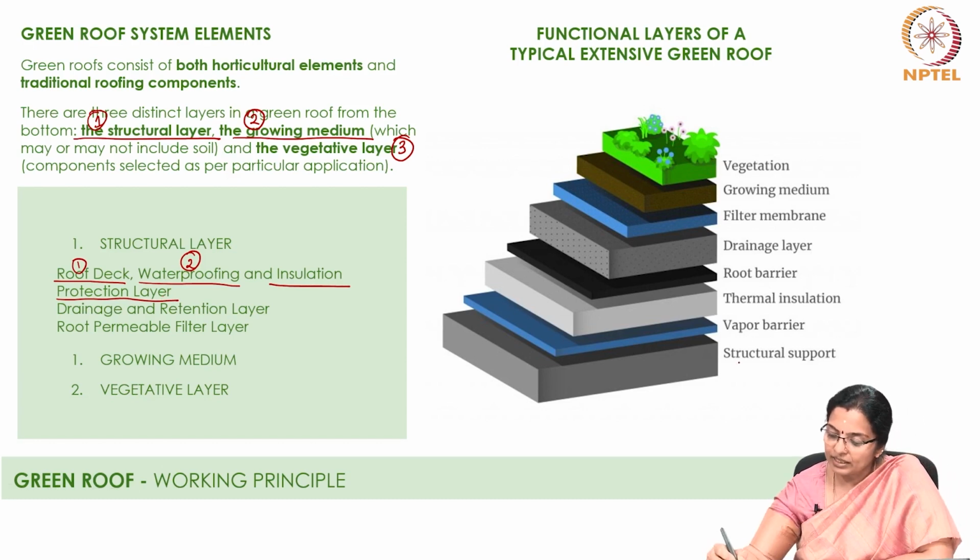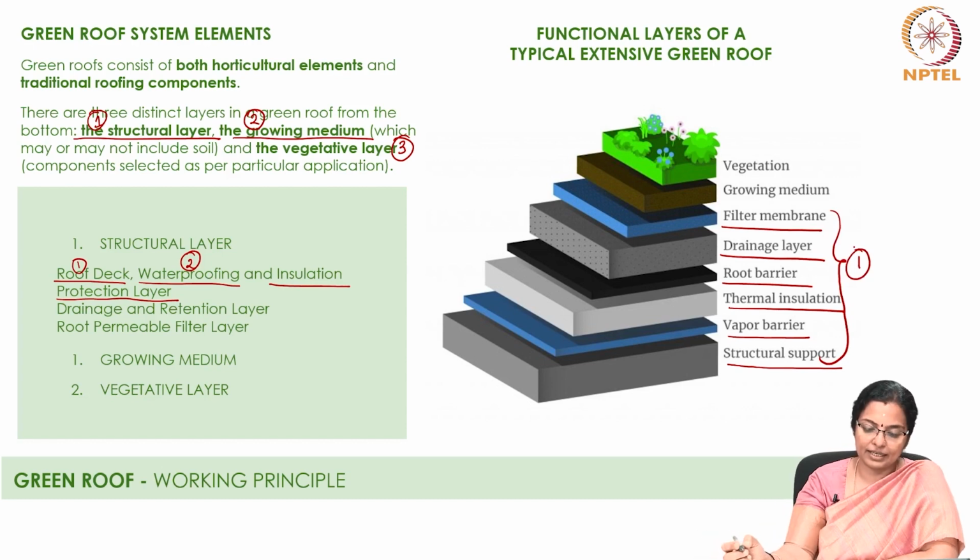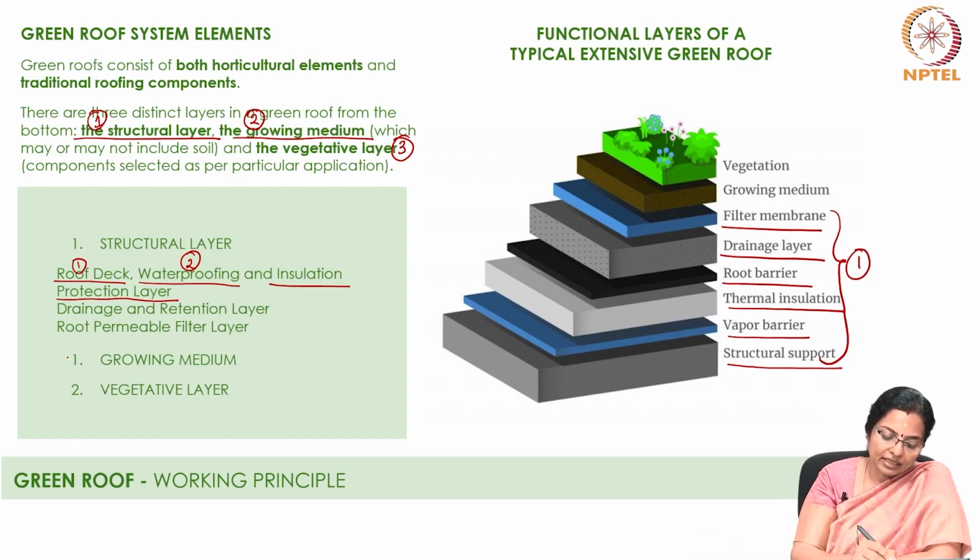So, the structural support, the vapor barrier, the thermal insulation, the root barrier, the drainage barrier, the filter membrane, all of these combine together to form the structural layer. Then comes the growing medium.